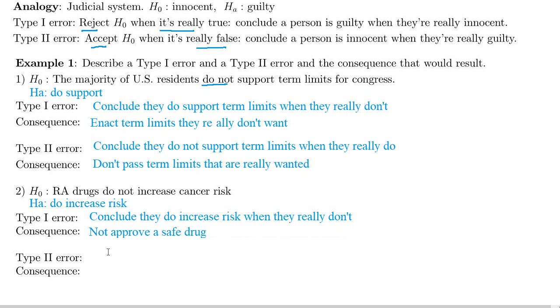What would be a type 2 error? Well, type 2, remember, you accept H0 when it's really false. So we're going to conclude that they do not increase risk when they really do.